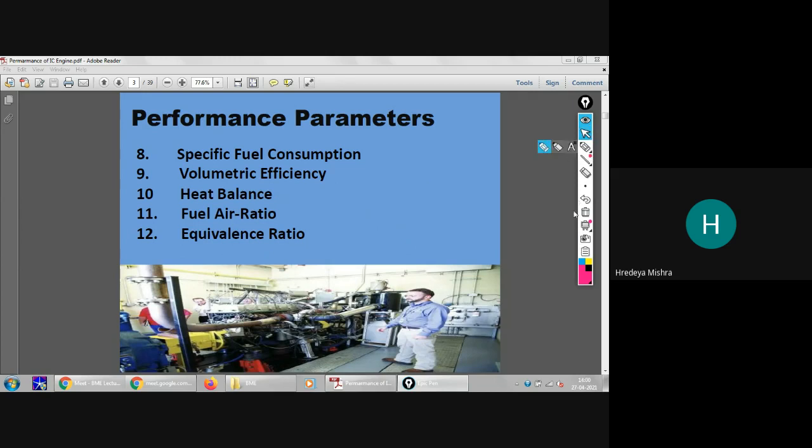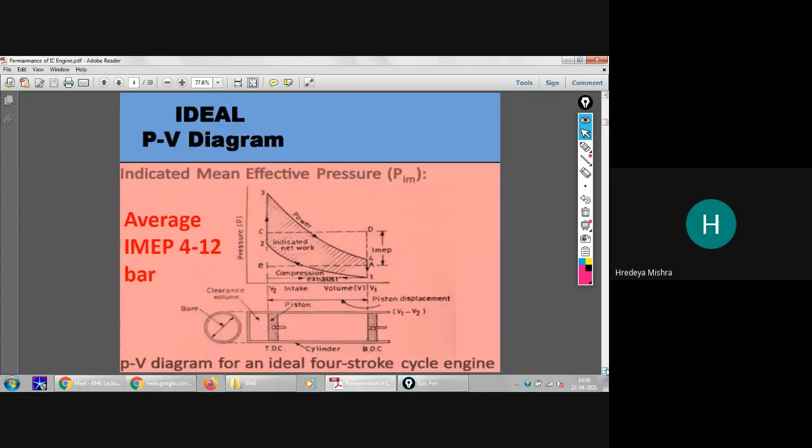So we can go through all these one by one. This is your ideal PV diagram.